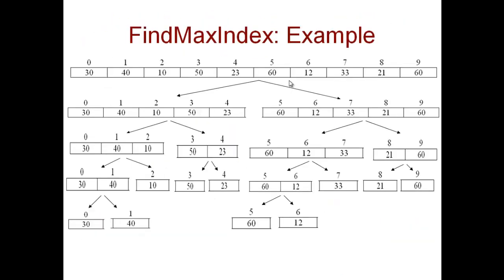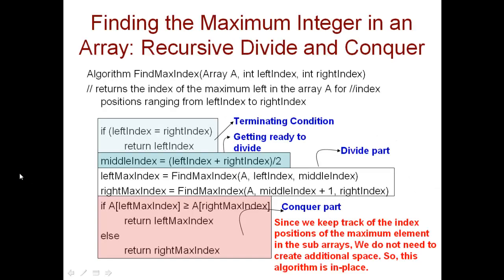But you could in general call this algorithm to find the maximum within any specific range, say from left index 2 to 6 or 1 to 4. So you could call this within any range of index entries within which you want to find the maximum. So this is general enough to handle such scenarios.